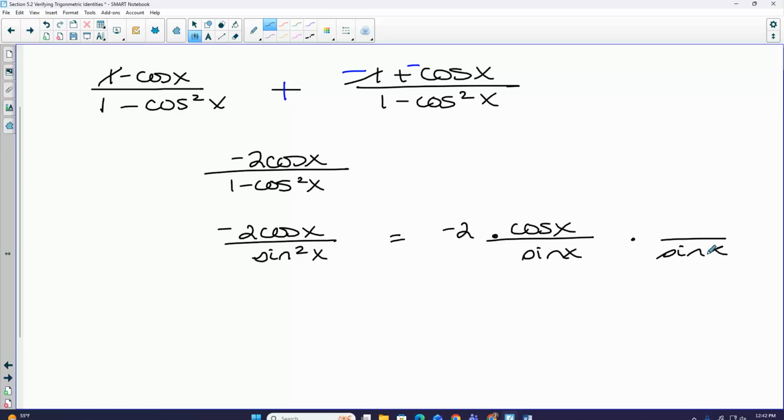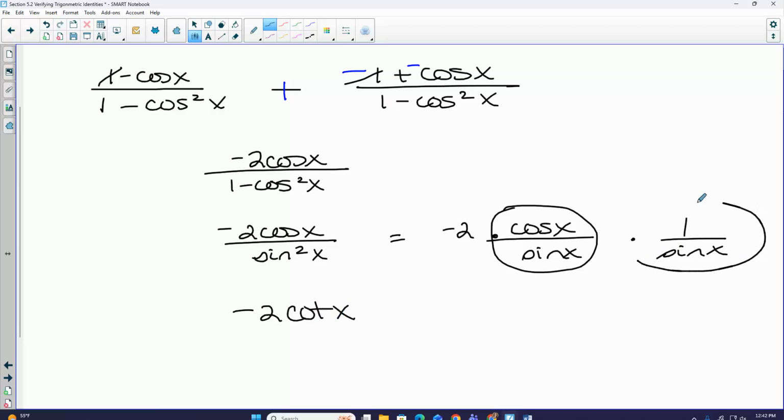If I separated it out like this, a -2 times a cosine over sine times a 1 over sine, is that equivalent? If I multiply the top, I still get -2 cosine x. On the bottom, I still get sine squared x. So I have -2. What is cosine over sine? Times what is 1 over sine?